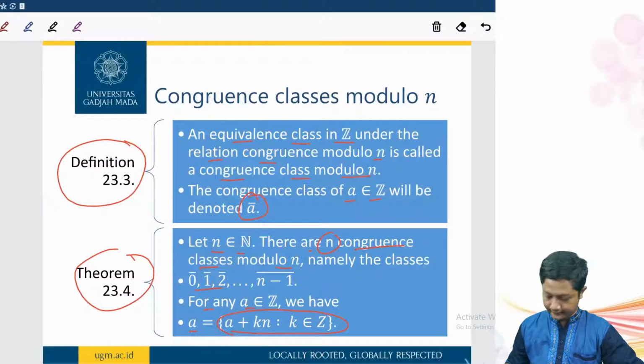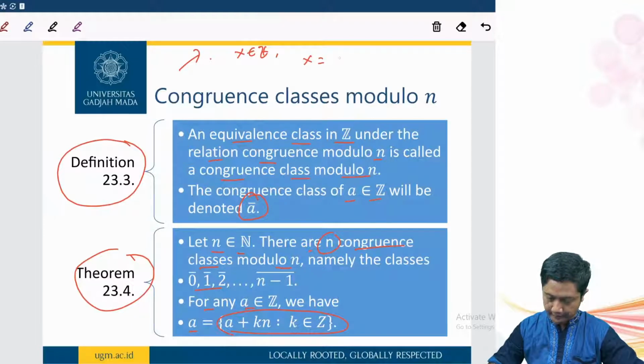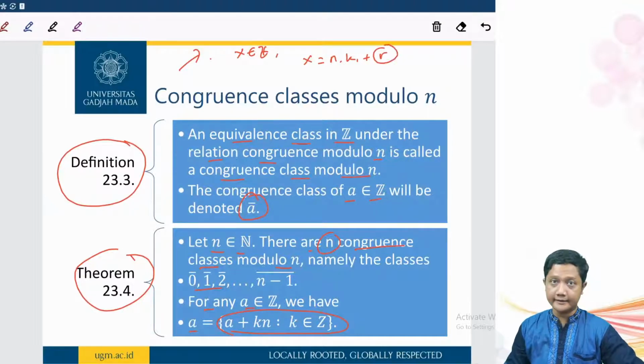So how to see this? We use the division algorithm. And the thing is, when I have, for example, x in Z, I want to see which class x belongs to. If I divide x by n, I will have n times something plus a remainder r, okay?